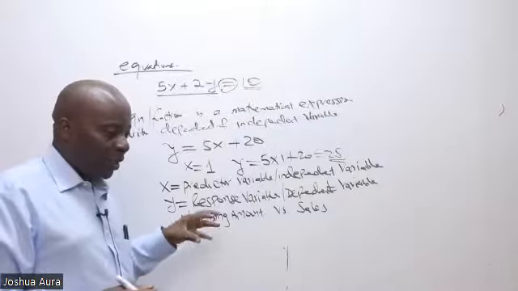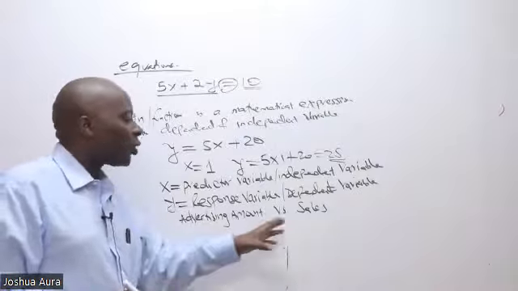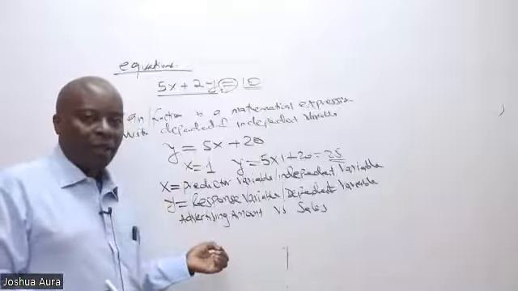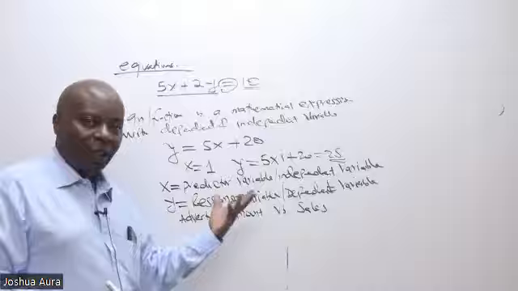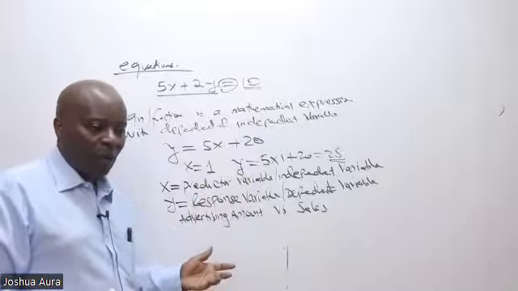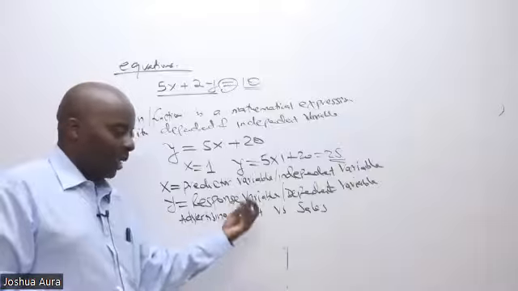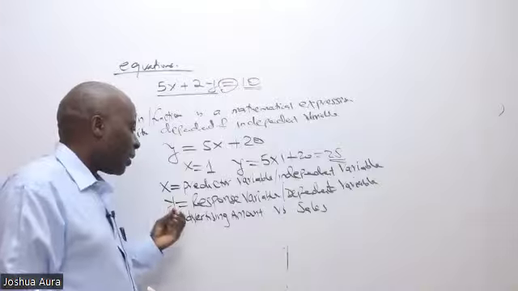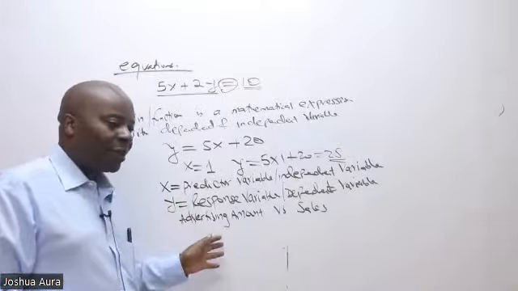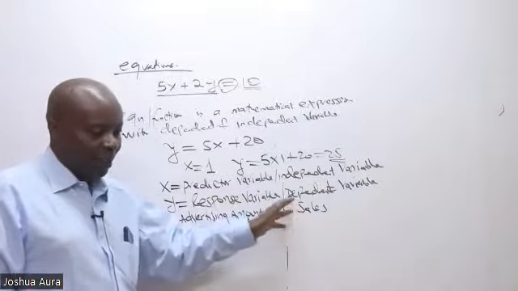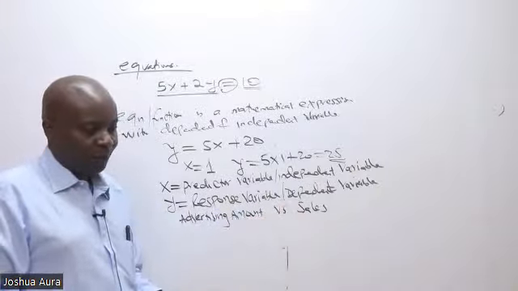The one that depends on the others, George is telling us, is sales, which depends on advertising. Because the more you advertise, the more we expect sales to respond. It can never be the other way around. So sales becomes the response variable, and the advertising amount becomes the predictor. It is the one that will help us predict sales.